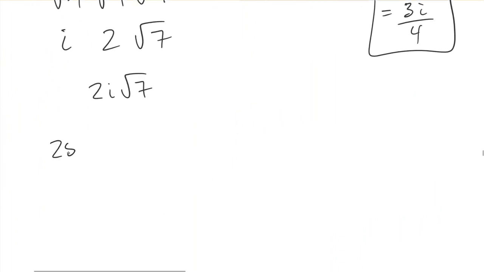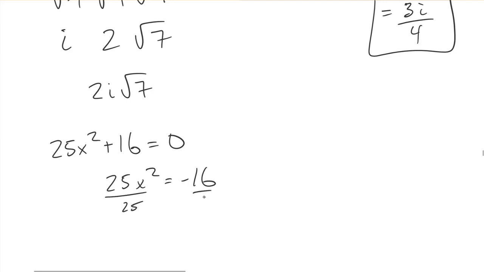29, 25x squared plus 16 equals 0. Subtract 16, 25x squared equals negative 16. Divide by 25. So x squared equals negative 16 over 25.